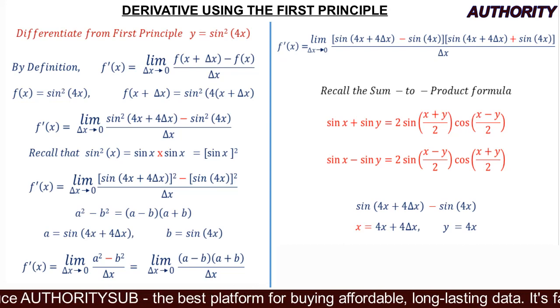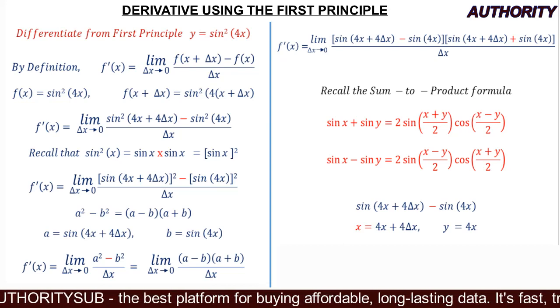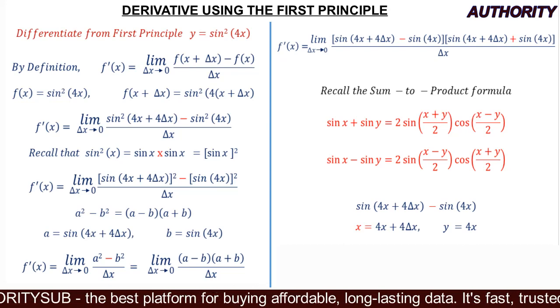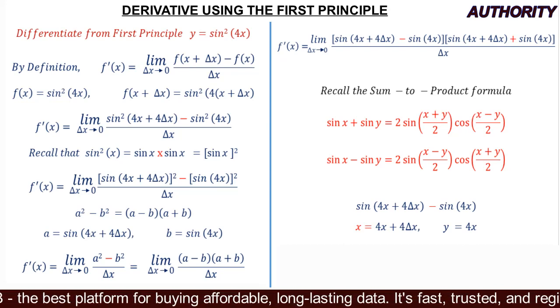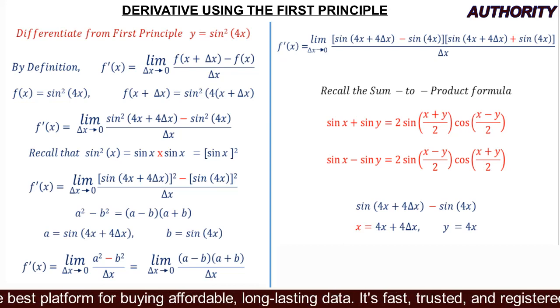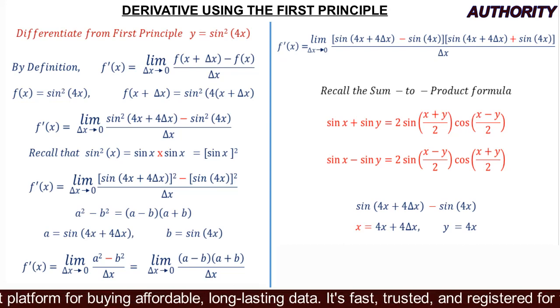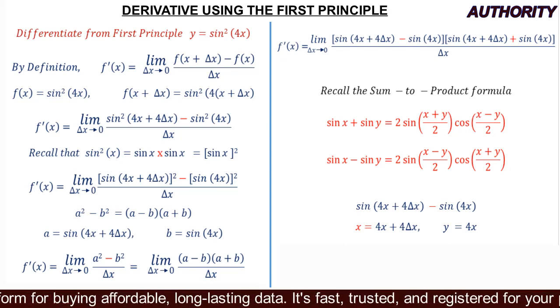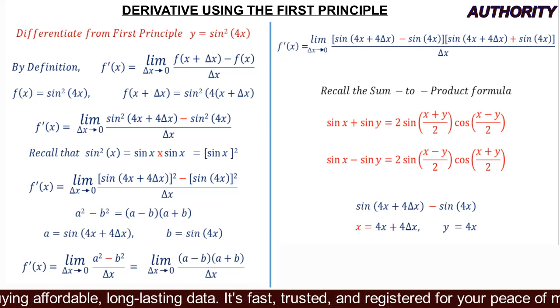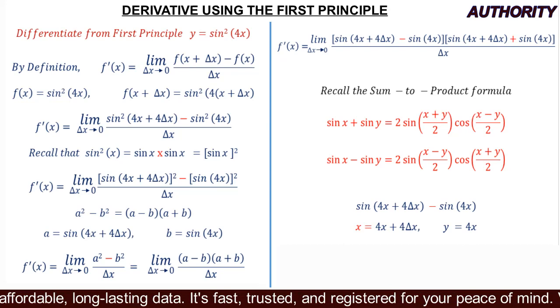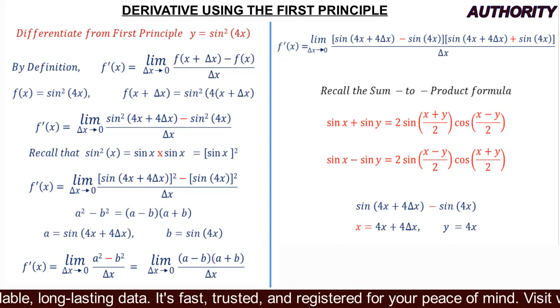Now look at it. In the numerator, we have sine (4x plus 4 change in x) minus sine 4x, and here we want to apply the sum to product formula. Sum or difference? You see that we have sine minus another sine, so this is the difference.